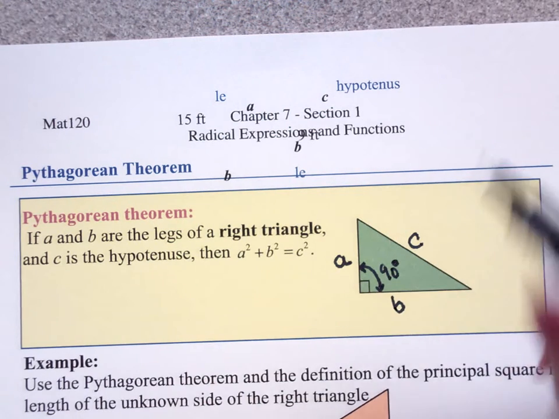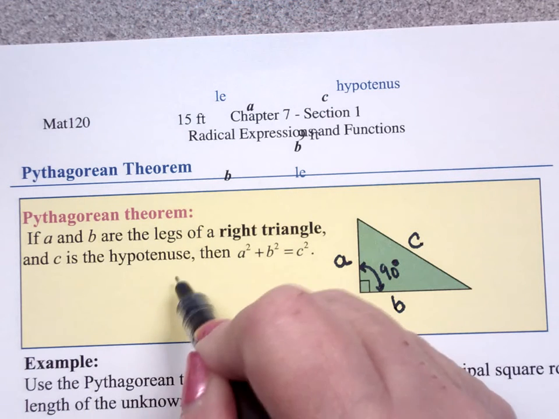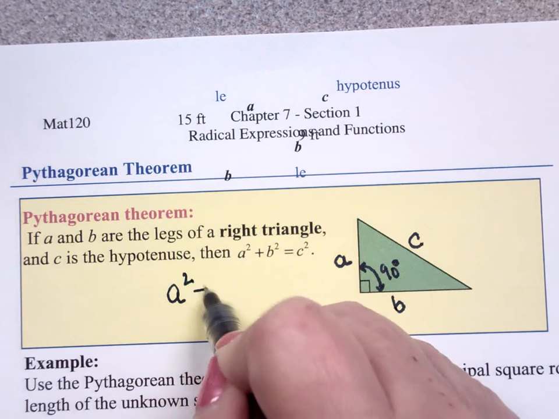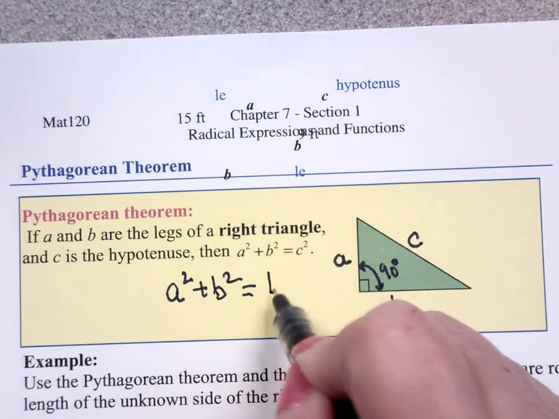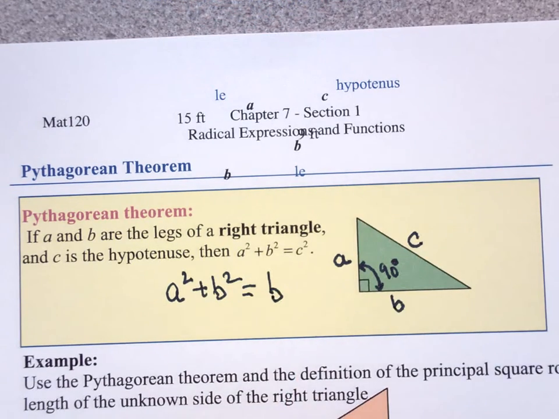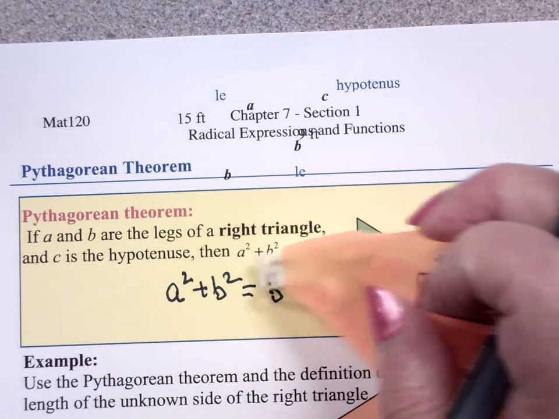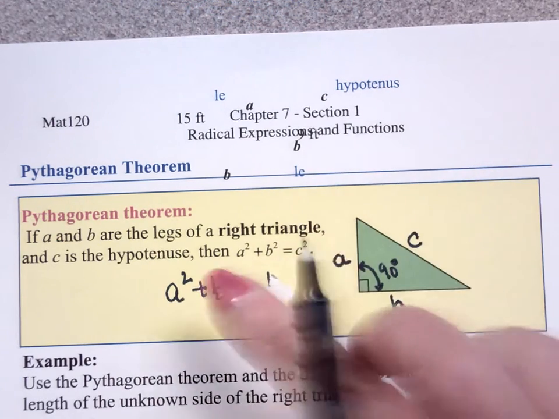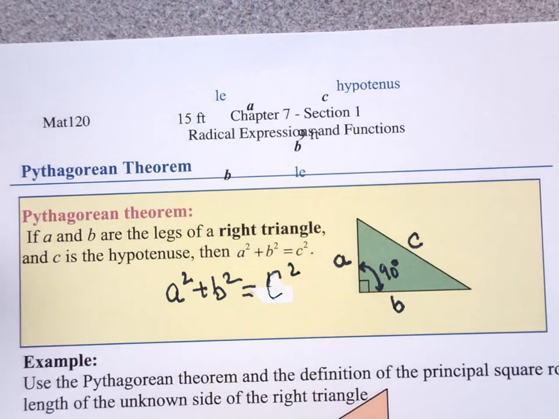So the Pythagorean theorem says that the sum of the squares of the two legs is equal to the square of the hypotenuse.